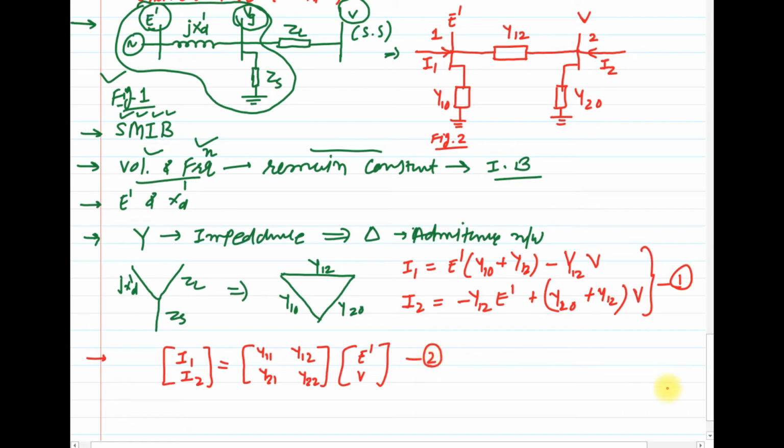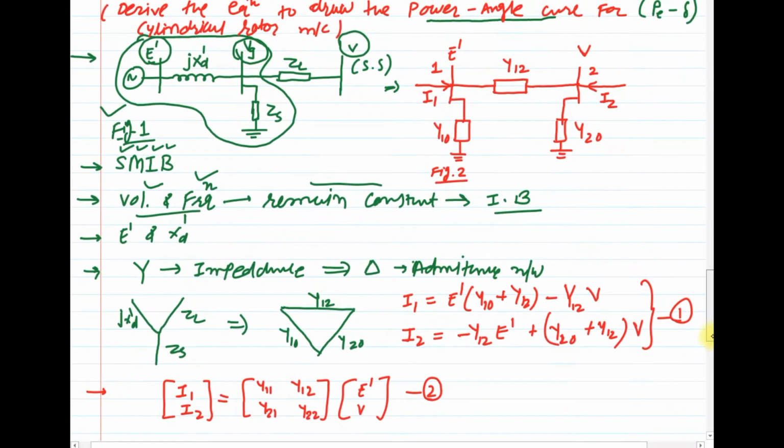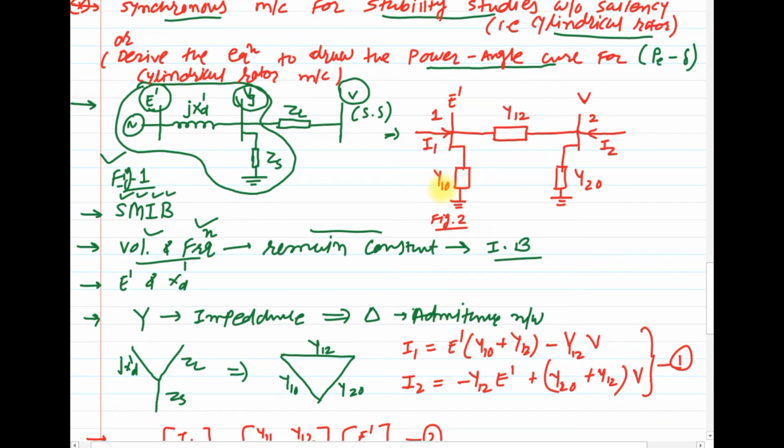The second equation. Here we forgot one thing, that is the value of this admittance.